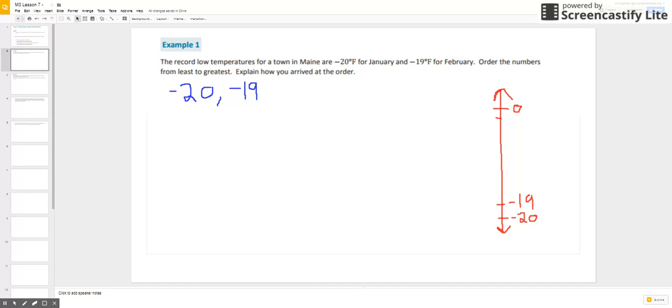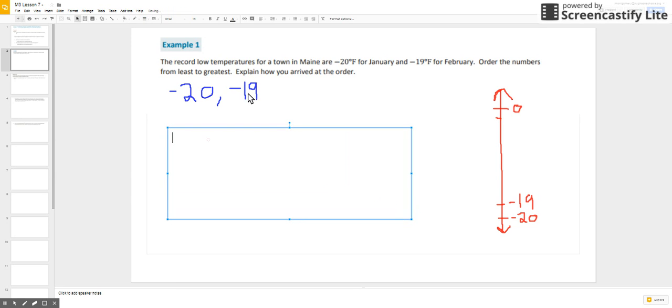To give my explanation of how I arrived at this, let's get a text box out. If I place negative 19 and negative 20 on a number line, the negative 20 is further down, or to the left on the number line, than negative 19.